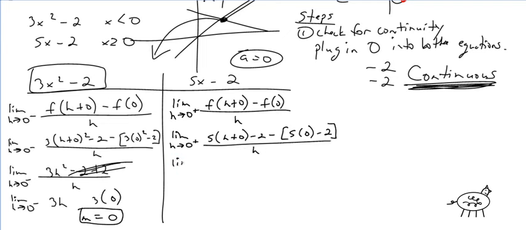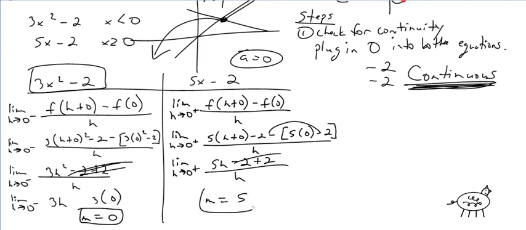So we wind up getting the limit as h approaches 0 from the positive side of 5h, minus 2, minus 5 times 0, which is 0, plus 2, right? That gives you plus 2 all over h. Well, the 2's cancel, and so do the h's, so I actually get my slope is equal to 5.